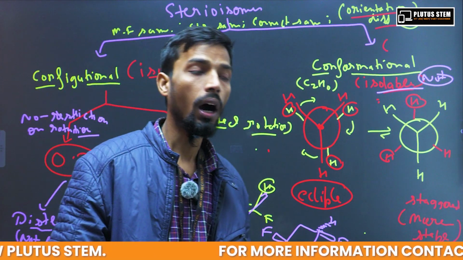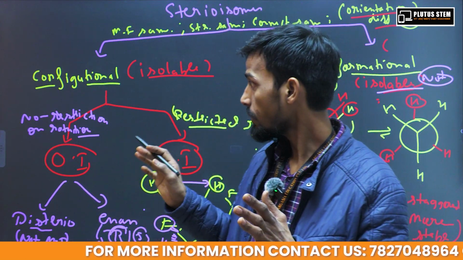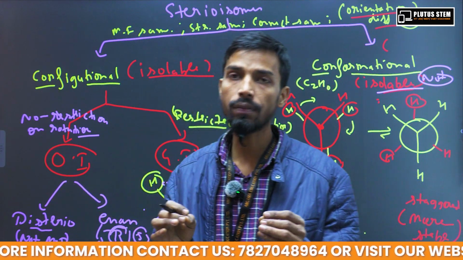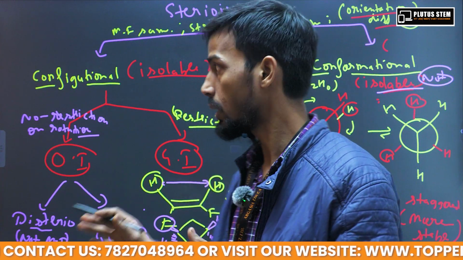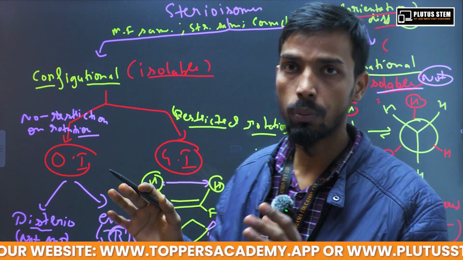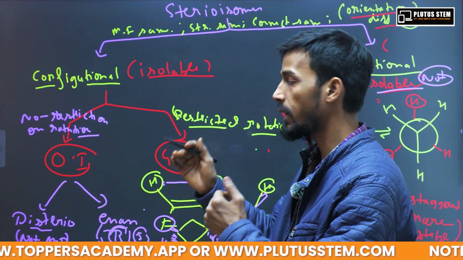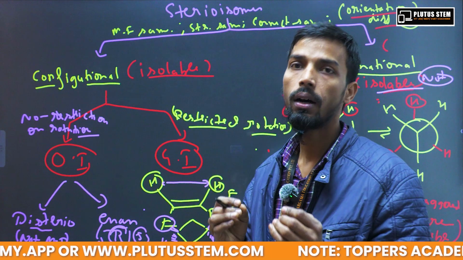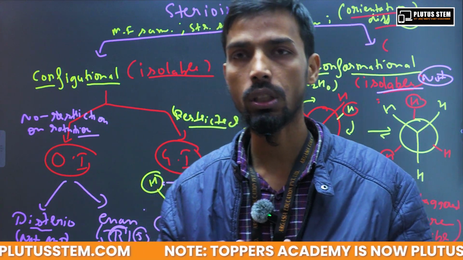So this is how I have given you a brief about all those isomers present in the stereoisomers on the basis of this classification, just to give you a brief idea about all those stereoisomers.